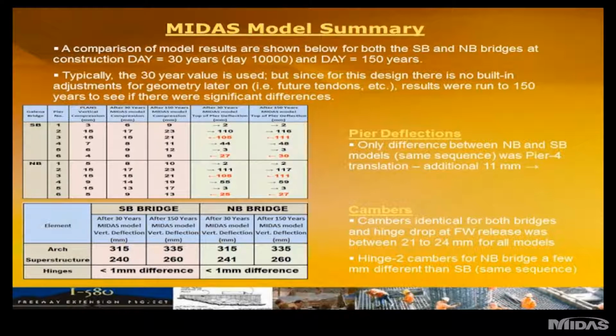There was no way to correct the geometry after it was done. So I basically ran a 30-year model and compared it to a 150-year model, and the differences after load transfer were virtually negligible. As you can see in the bottom chart, very little difference, 10 to 15 millimeters.